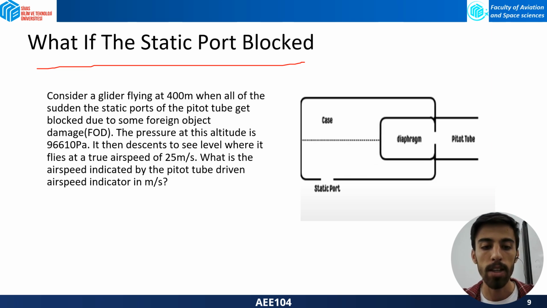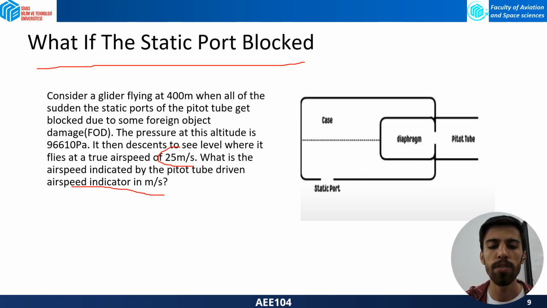Consider a glider flying at 400 meters, when all of a sudden the static ports of the pitot tube get blocked due to some foreign object damage. The pressure at this altitude is 96610 Pascal. It then descends to sea level, where it flies at a true airspeed of 25 meters over second. What is the airspeed indicated by the pitot tube driven airspeed indicator in meter over second?